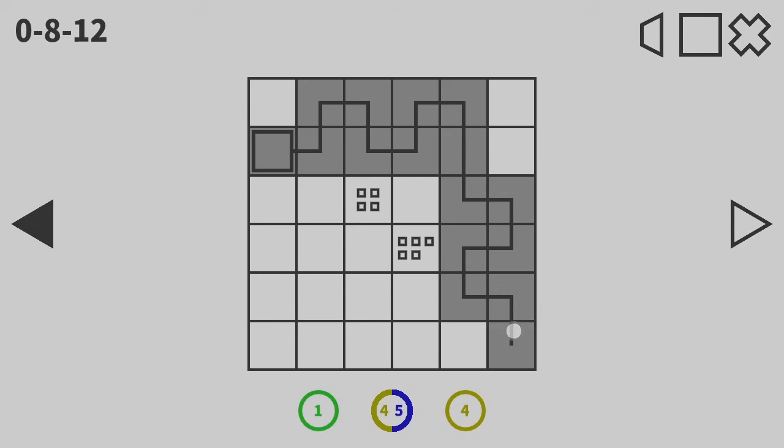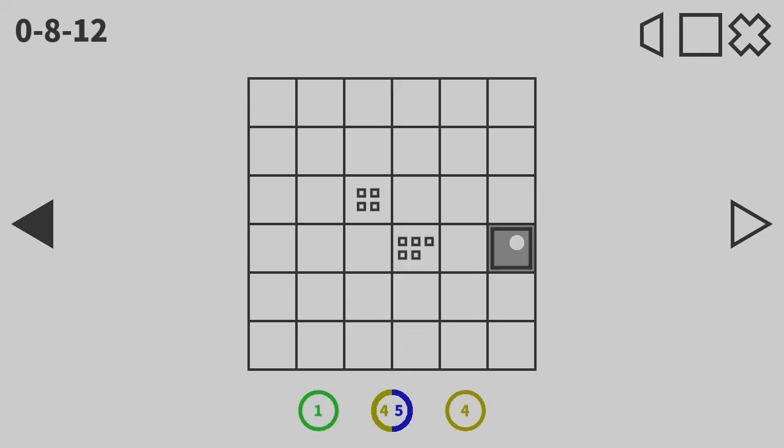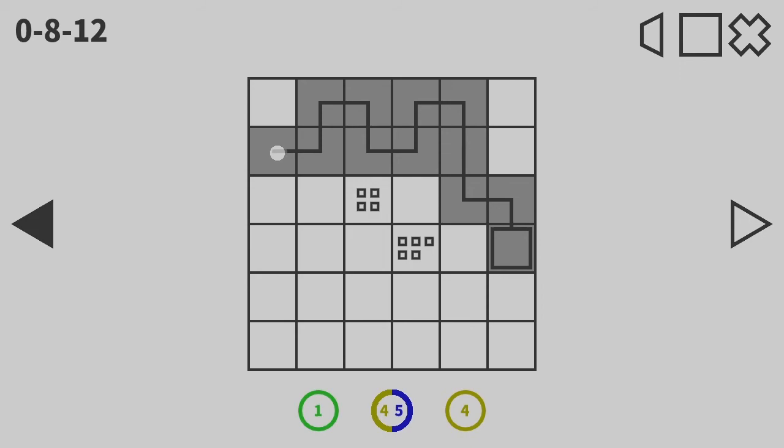Another one. What about if it were there? There's no way this is going to work for the fives, though.